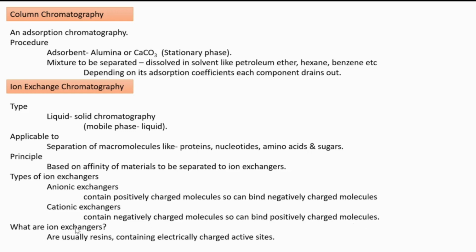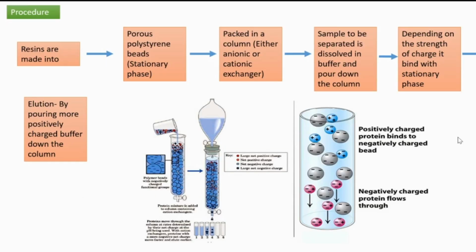Then what are these ion exchangers? Usually they are resins. Resins are substances we obtain from plants, usually of plant origin, natural origin. And these resins contain electrically charged active sites, maybe positive or negative, which are used to form the stationary phase in ion exchange chromatography.